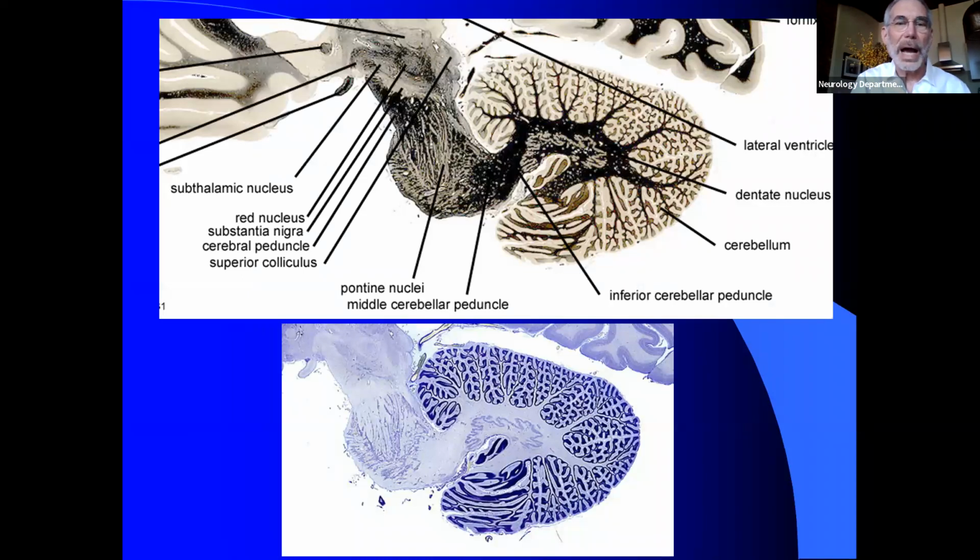Looking here at this off-midline view, we can see the crus cerebri, and we can see the longitudinal extent of the substantia nigra.